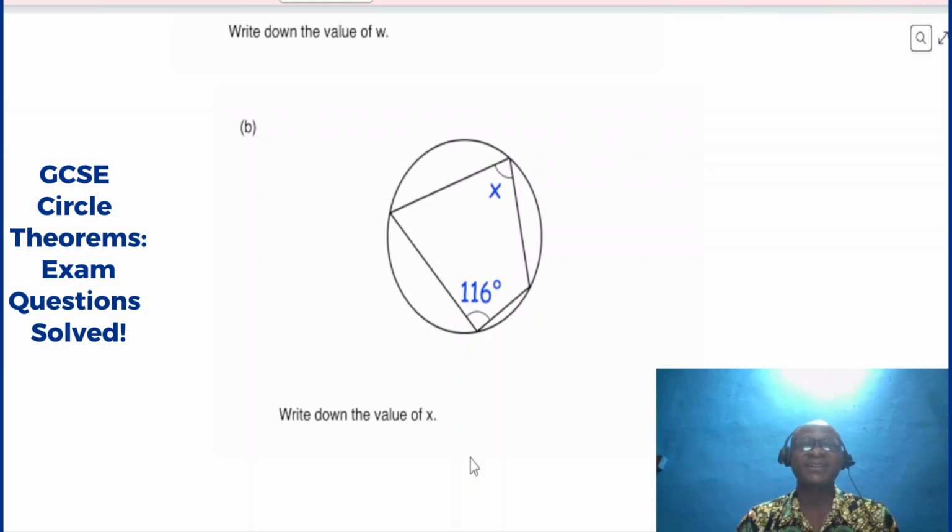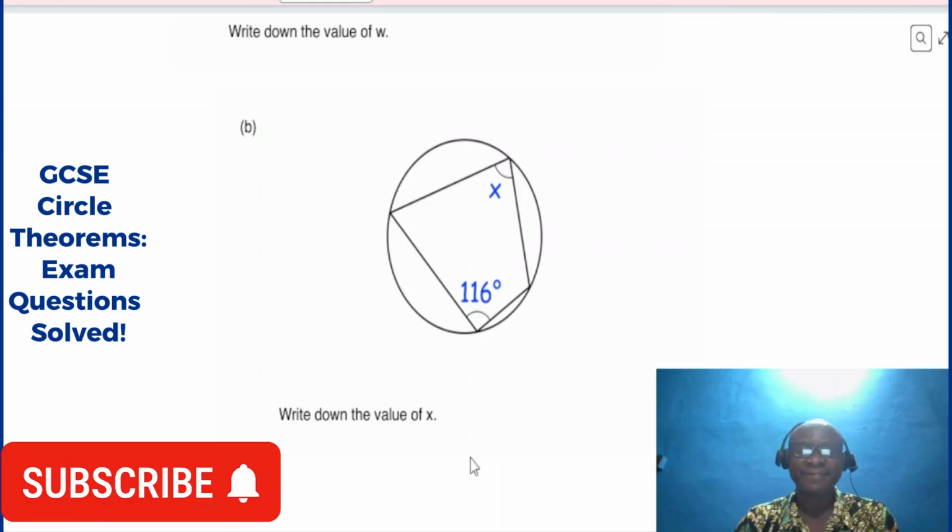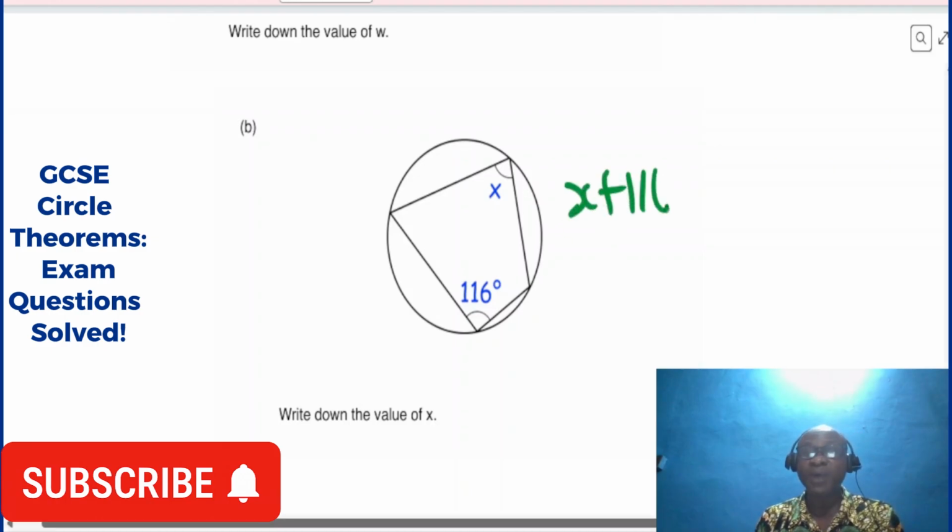The value of x. I hope you are working it out. Yes. It's going to be 64 degrees. What did he say? 64 degrees. 64 is correct because what you are meant to do is to add them. If they say work it out, you work. You just write x plus 116 is equal to 180.